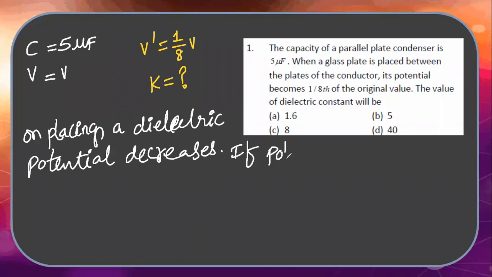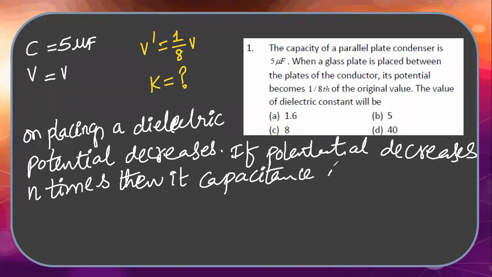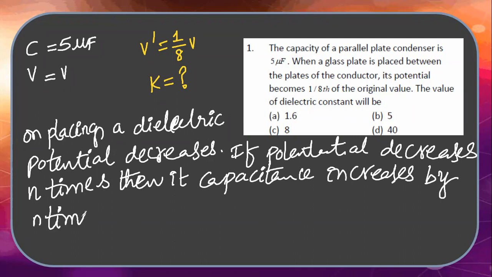If the potential decreases n times, then the capacitance increases by n times. There we write.